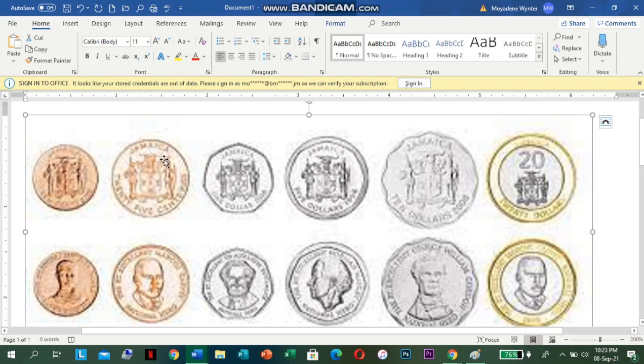So in this $1, 100 of this makes one of this. Keep that in mind: 100 cents make $1.